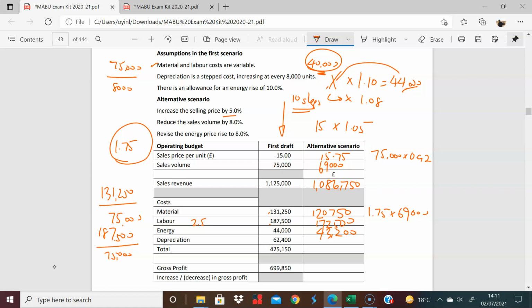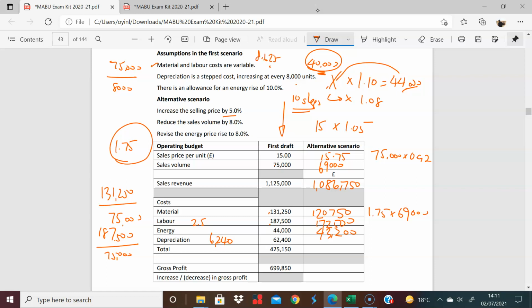So now that I know there are 10 steps, I know the depreciation must be 6,240 at every step. I now need to know how many steps in this new situation. So I have 69,000 divided by 8,000, which comes out at 8.625.